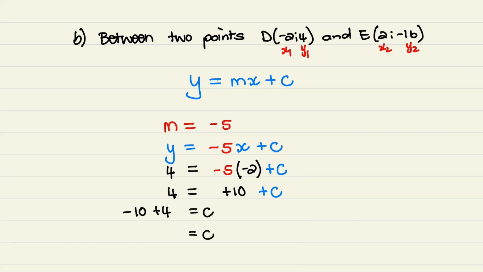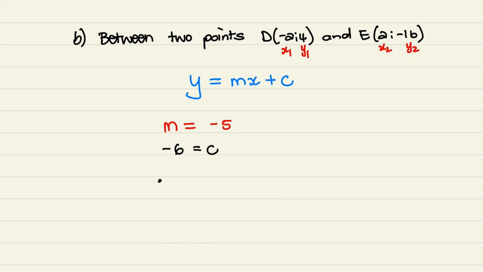Therefore, the y-intercept is equal to negative 6. And now that we have the two values of the gradient and the y-intercept, we can simply substitute those values into the original equation. So the gradient is replaced with negative 5, and the y-intercept is replaced with negative 6.